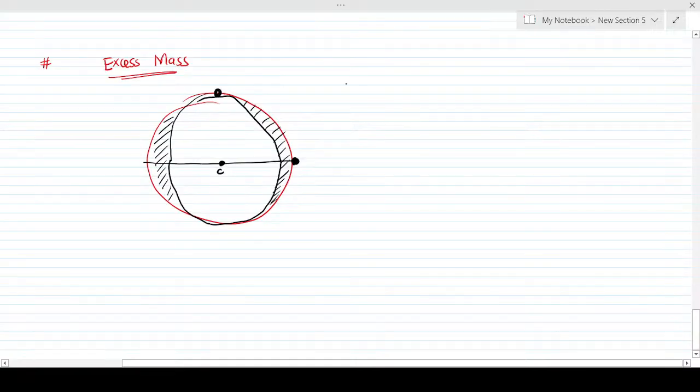We know that gravitational force depends on the mass of the Earth. So assuming this excess mass that will add up to the original mass of the Earth is, let's say, me, the mass of the Earth now becomes m plus me. Then at the pole, because this excess mass is not there, the mass of the Earth is still m.